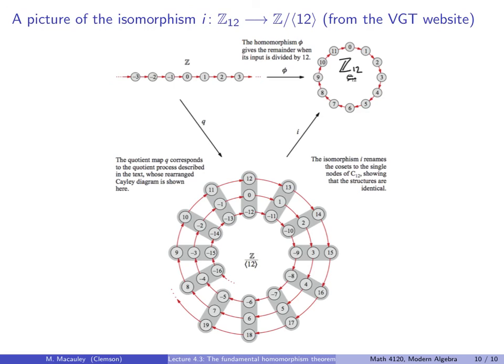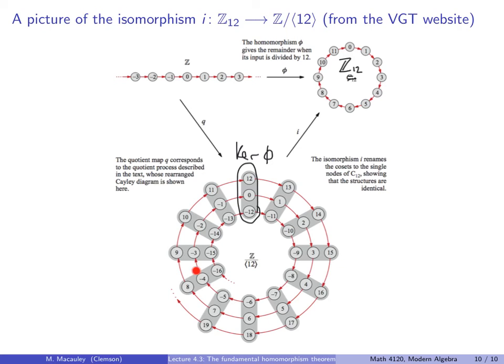Now by the fundamental homomorphism theorem, we can decompose this into 2 steps. We can first do Z mod the kernel. So clearly the kernel is this. There we go. So this is the kernel of phi. And I should say that I call this isomorphism I. Here we're calling it phi. So here's the kernel. Here are the left cosets.